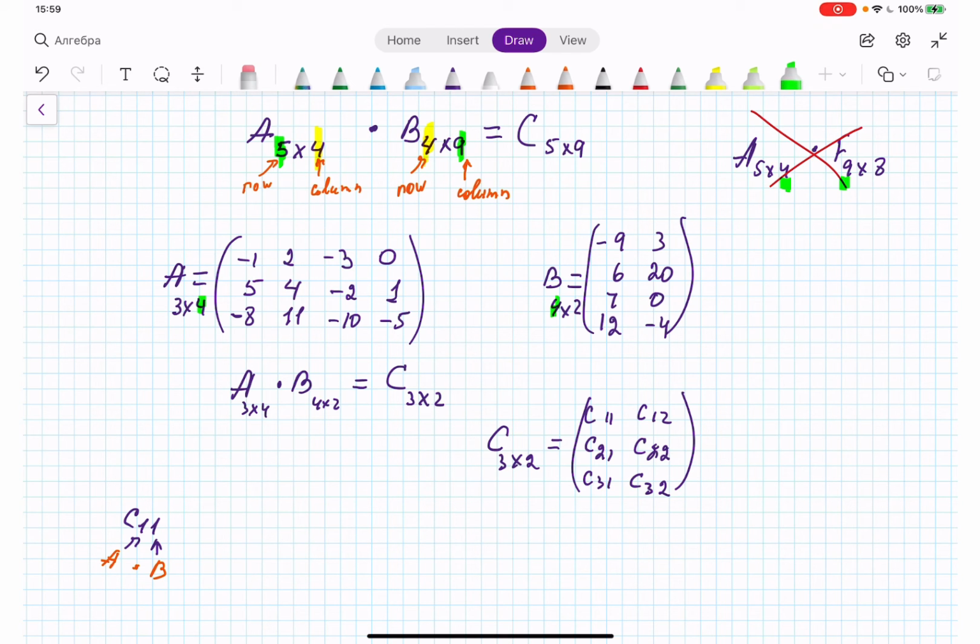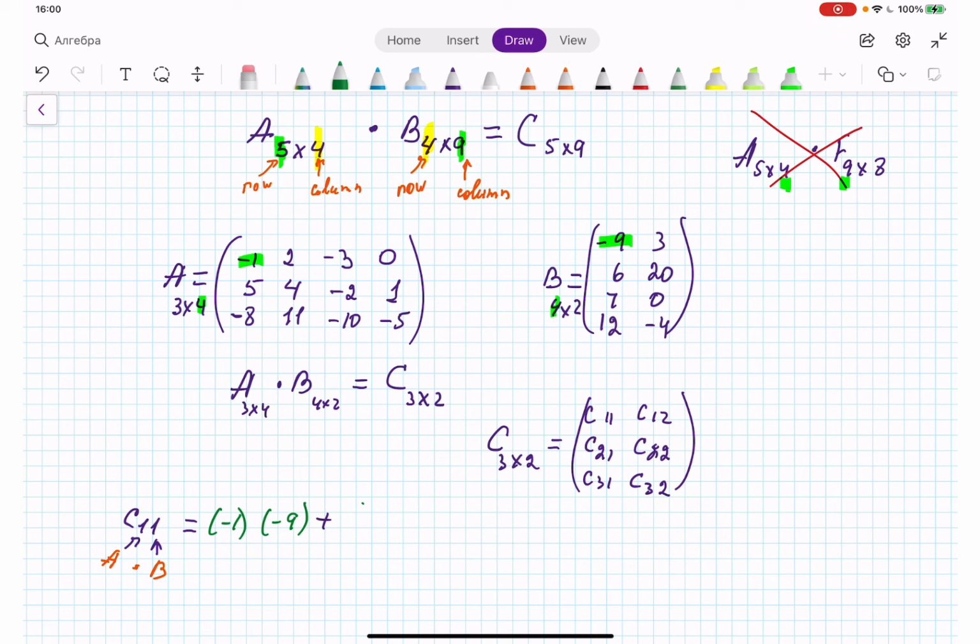So it's going to be equal to -1 multiplying by -9, plus, next, I guess I could change the color here, green.